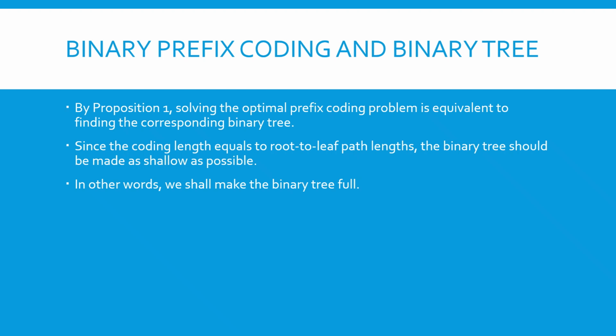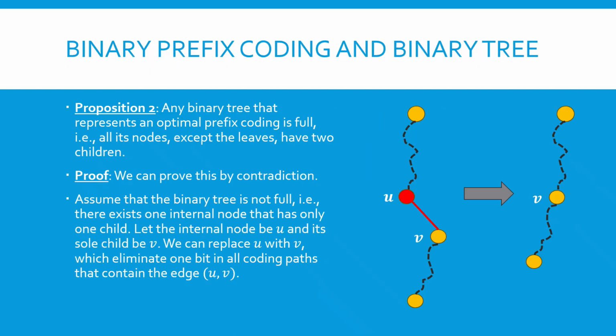Therefore, reducing the depth of leaf nodes, especially for high-frequency characters, helps reduce the ABL. Without loss of optimality, we can restrict our attention to full binary trees, in which every internal node has exactly two children. We now formalize this intuition.